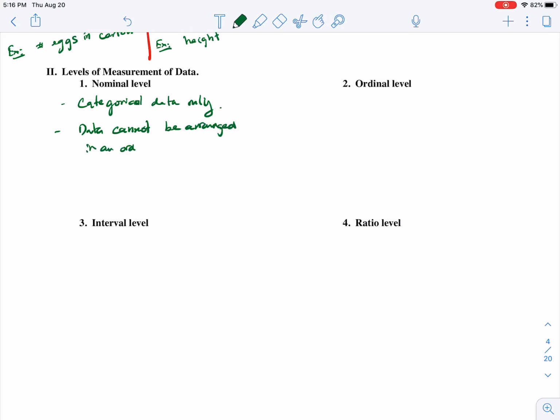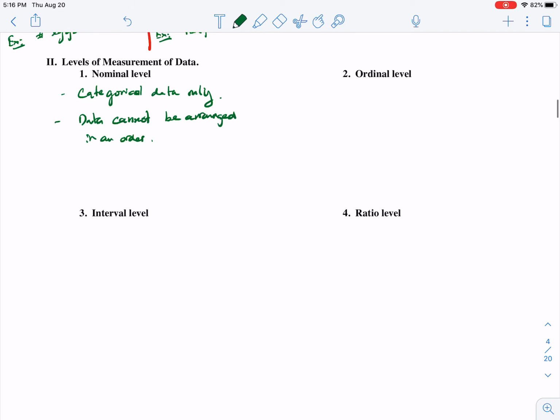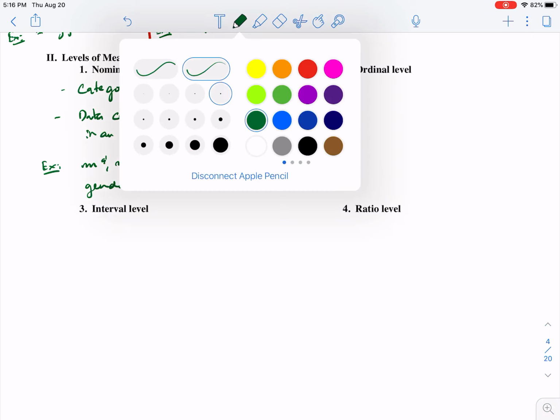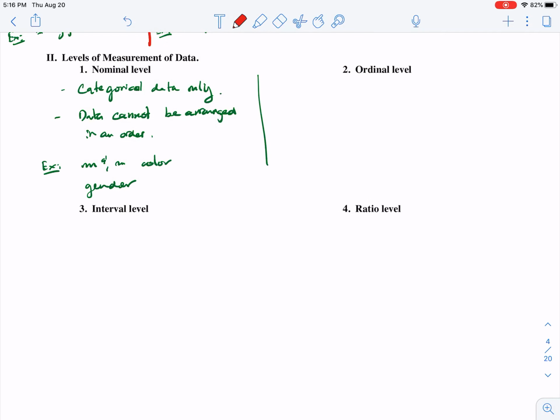Like I said, examples would be M&M color or gender. These cannot be arranged in a certain order, and if that's the case, then the data belong in nominal, which is mainly qualitative.